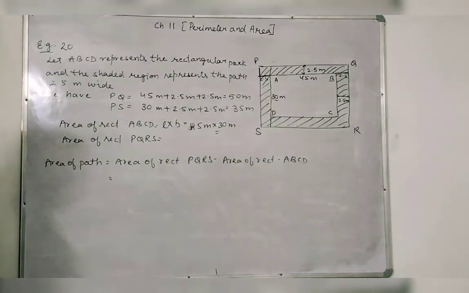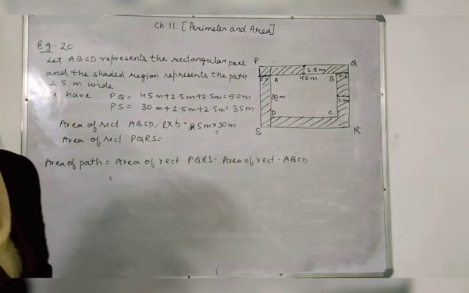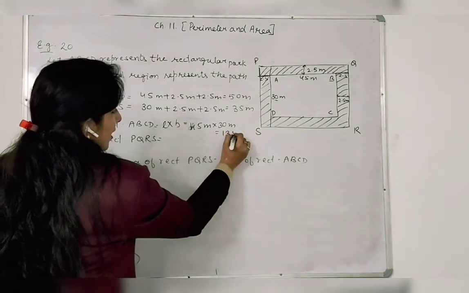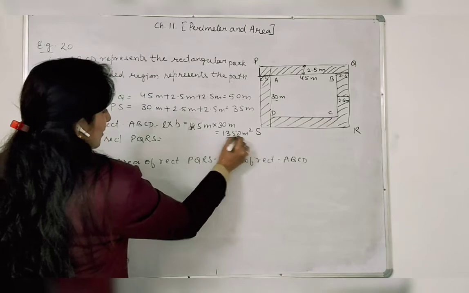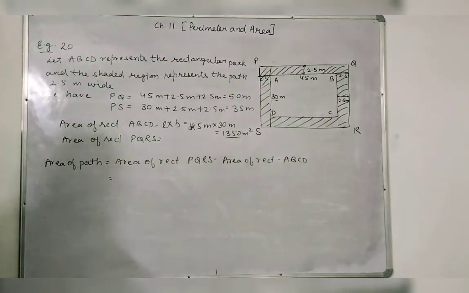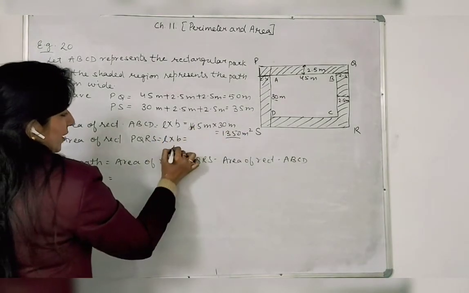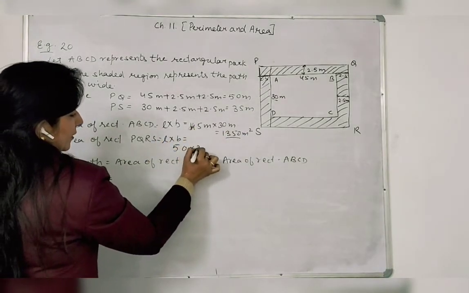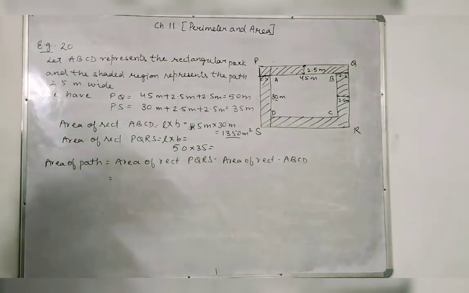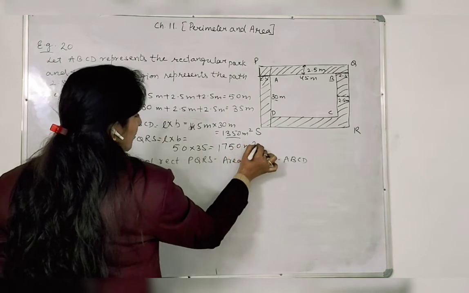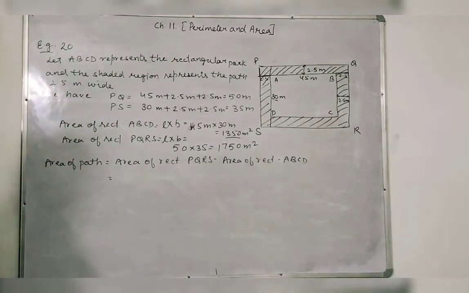After calculation, 1350 meter square will be the area of ABCD. Now area of rectangle PQRS, again length into breadth. So length we have calculated 50, breadth 35. Now what will be the answer? That is 1750 meter square will become the area of the outer rectangle, that is PQRS.